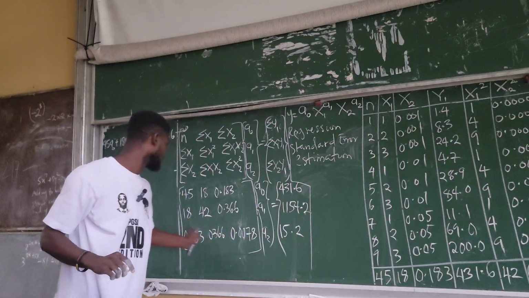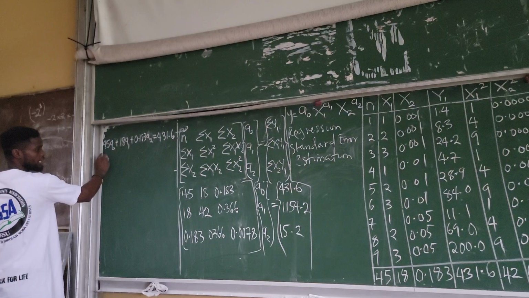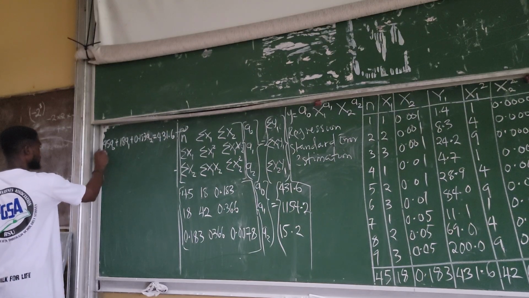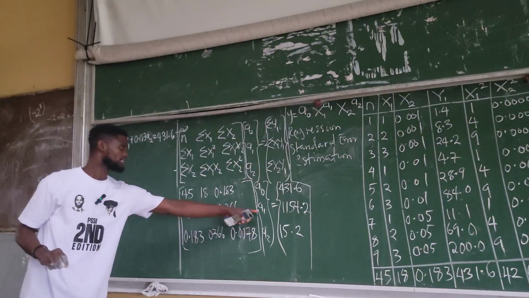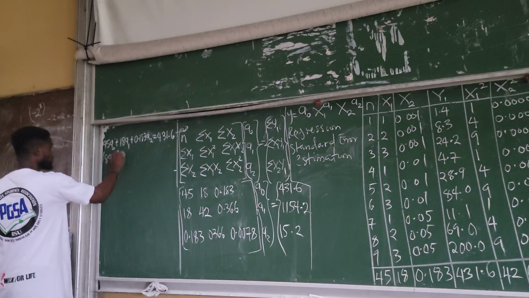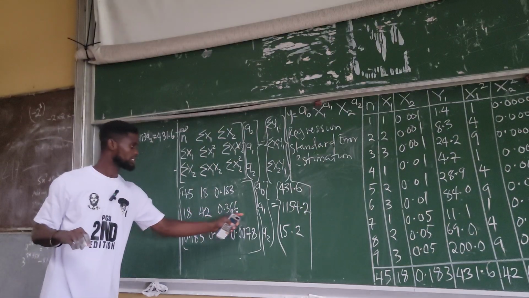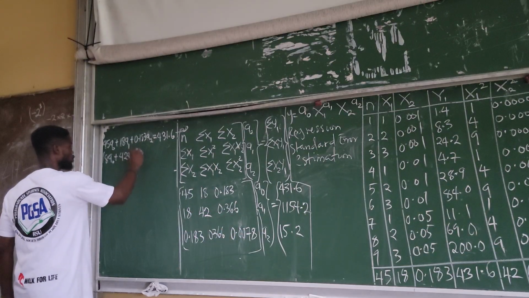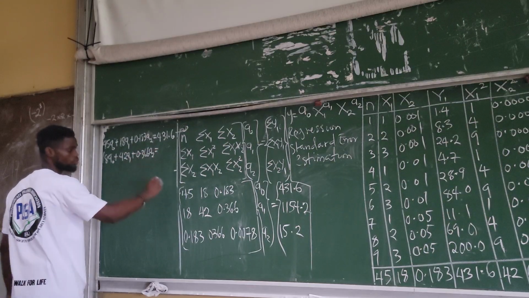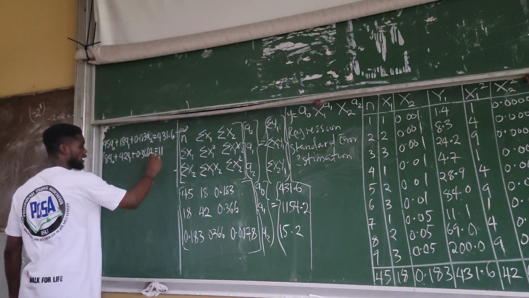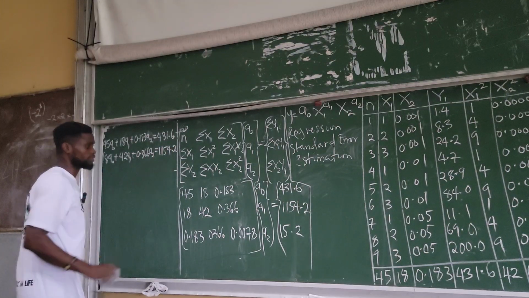Then we also do the same thing for this. 18 times this will give us 18 a0 plus 42 a1 plus 0.366 a2 is equal to 1154.2. So we have this.